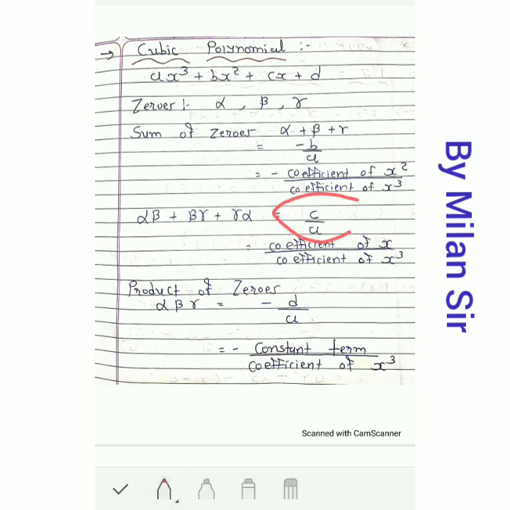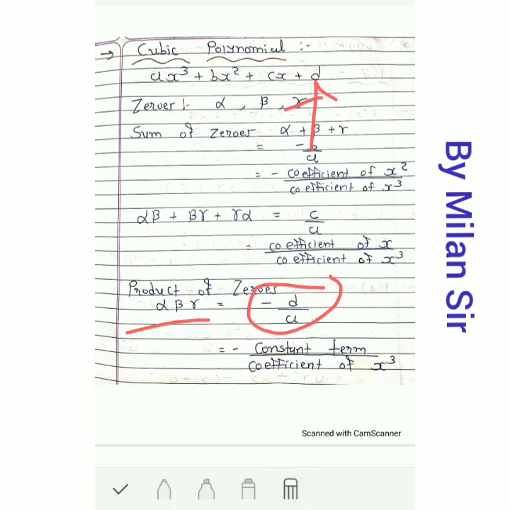Formula is c by a, where c means coefficient of x, a means coefficient of x cube. Then product of zeros means multiplication of all three zeros, alpha, beta and gamma. Formula is minus d by a, where d means constant term, a means coefficient of x cube.